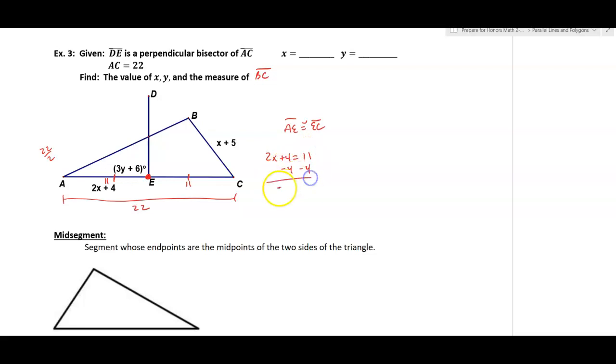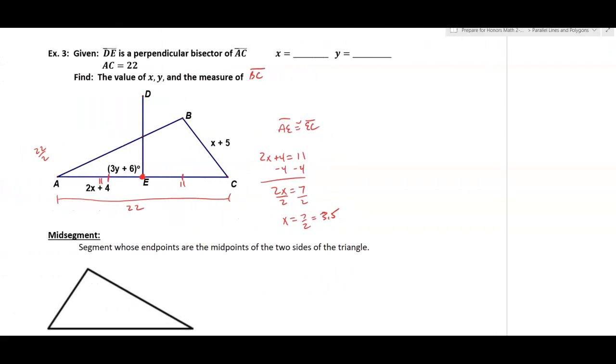If I subtract 4, 2x equals 7. Divide by 2, x is equal to 7 halves, or 3.5. Now, because this is a perpendicular bisector, I also know that at that intersection are right angles, meaning 90 degrees. So I know 3y plus 6 would equal 90.